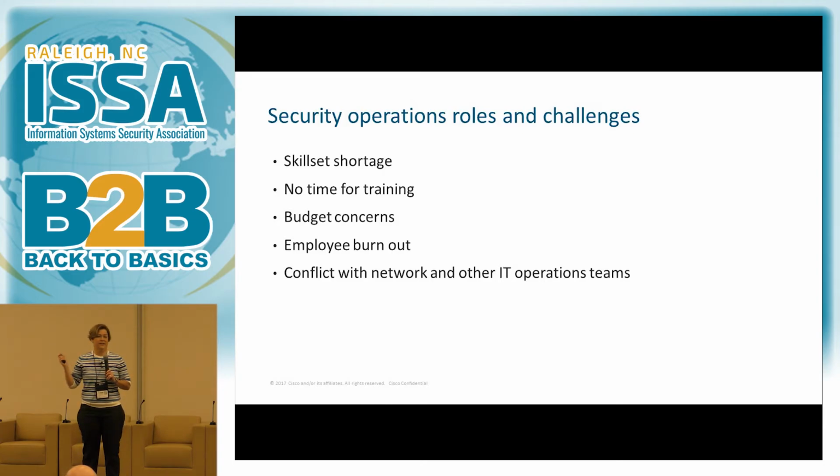That's exciting to me. This stuff with employee burnout and then the conflict with network and other IT teams, I can't, right? I don't know what to say anymore, because now the business is going out and just getting access to applications on their own, right?